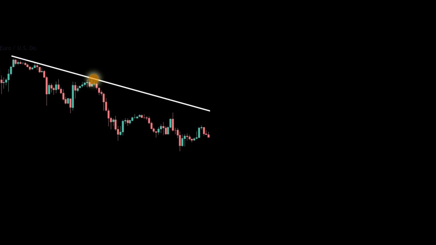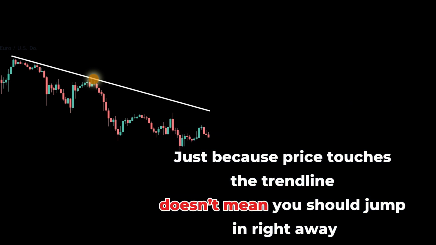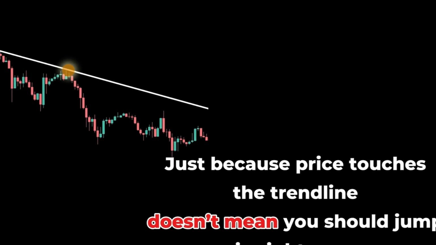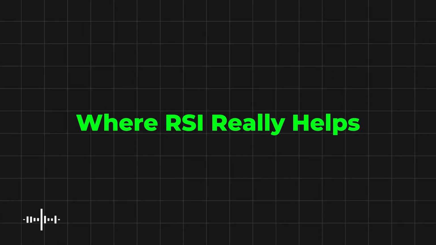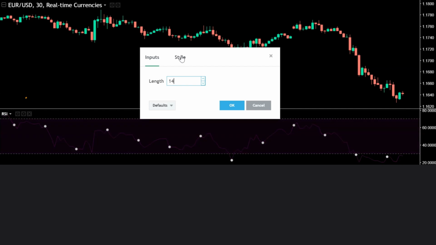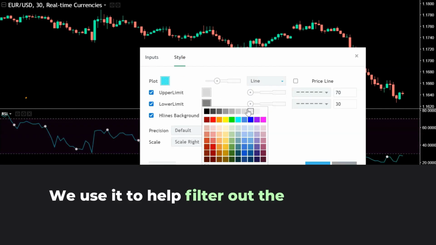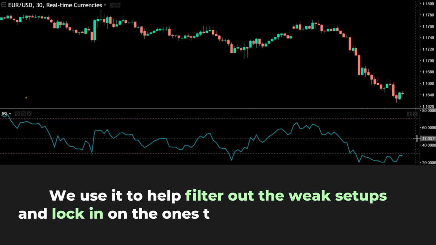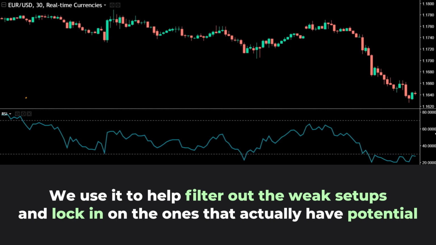But here's the thing. Just because price touches the trend line doesn't mean you should jump in right away. That touch alone isn't enough. You still need some kind of confirmation. That's where RSI comes into play. We use it to help filter out the weak setups and lock in on the ones that actually have potential.